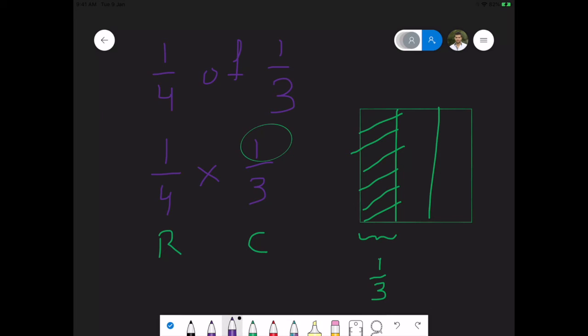In order to find this quarter, I will need to split this third, this column here that you see, into 4. There it is. I'm splitting into 4 pieces. Okay, and my problem is telling me I need to choose one and only one of these 4 columns. Okay, and there it is.